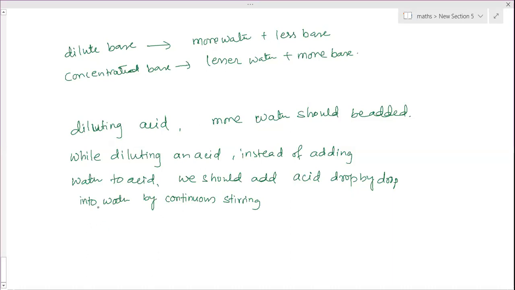This question is asked: give the reason why we need to add acid into water. Why not water into acid? Write down this part. Because the dilution of acid and base is a highly exothermic reaction.